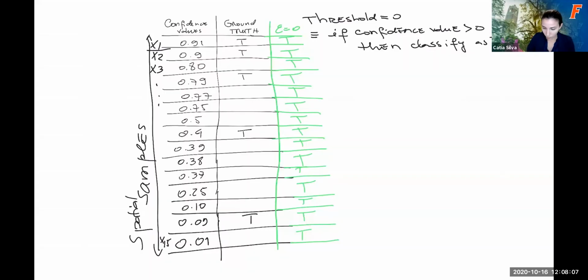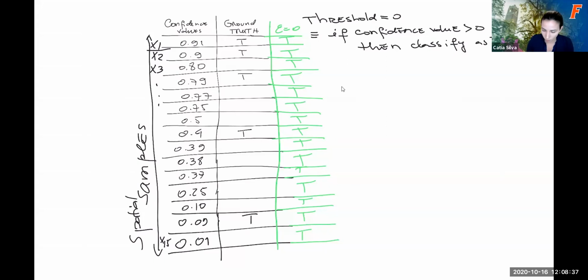And so we're looking for the threshold that we should use to then apply this classifier in the field. We want to choose the threshold that maximizes the true positive rate and minimizes the false positive rate. And that's exactly what the ROC curve is going to give us. For each choice of the threshold, we're going to have a pair of true positive and false positive rates, and that's going to be a point on my curve.